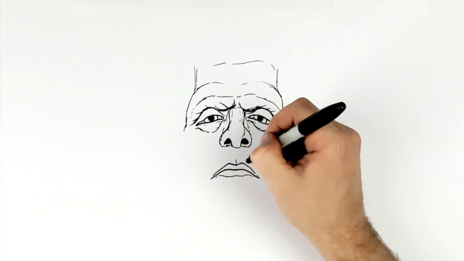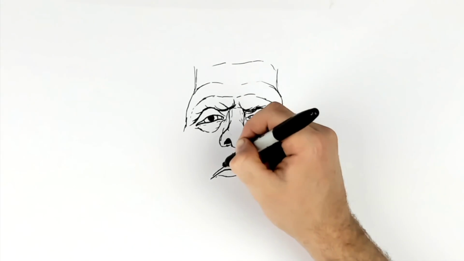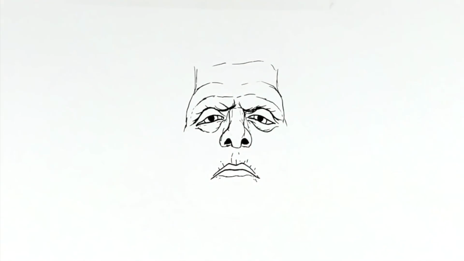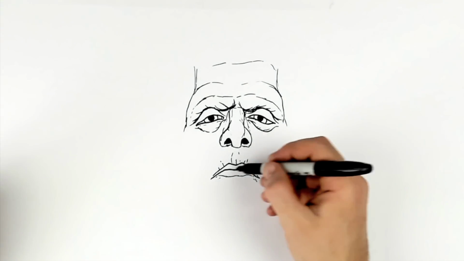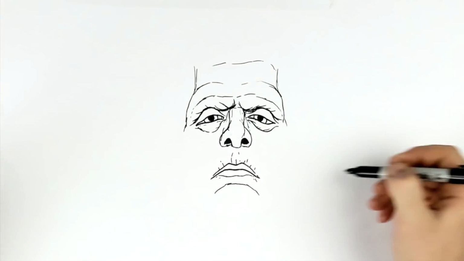And if you want some wrinkles and stuff, it depends on how sort of spooky you want to make them. So we'll have sort of a line for his chin here. He's got a pretty big chin.